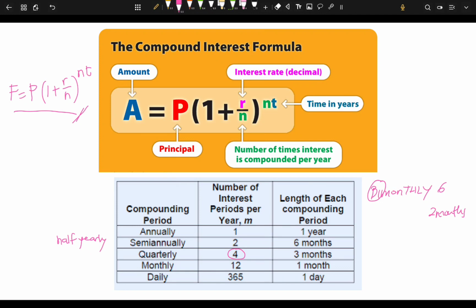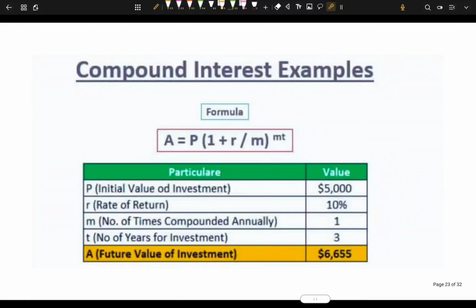Bi-monthly na tinatawag. So, sana naging familiar na kayo sa ating formula, that is F is equal sa P parenthesis 1 plus R all over N parenthesis raised to NT, na kung saan yung T po pala natin, that is our time in years. Yan.